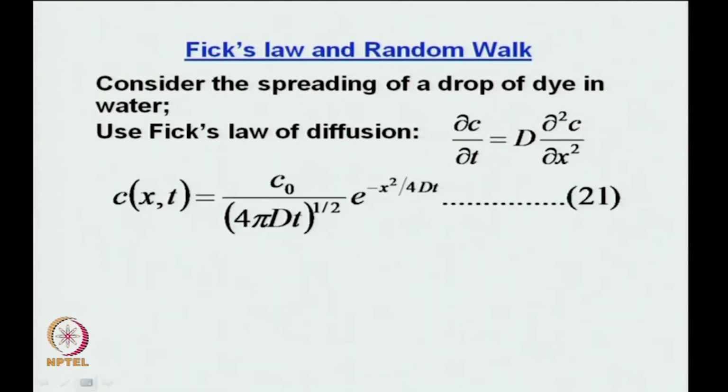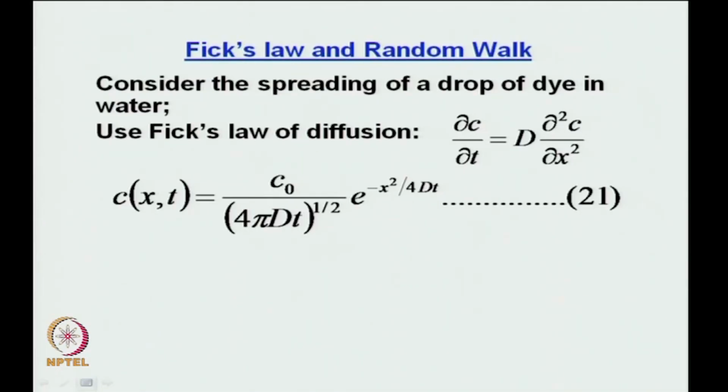If you solve it, taking certain assumptions about the initial conditions, what you get is c as a function of x and t varies as this. The constant is c0, the initial concentration at t equal to 0 when x is equal to 0. Then in the denominator you have the square root of 4 pi D times t.